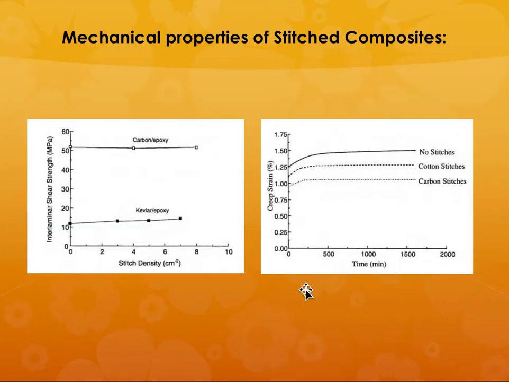So again, this shows the mechanical properties of some of the stitched composites. You can see that if you have cotton stitches, the strength is slightly lower than no stitches.